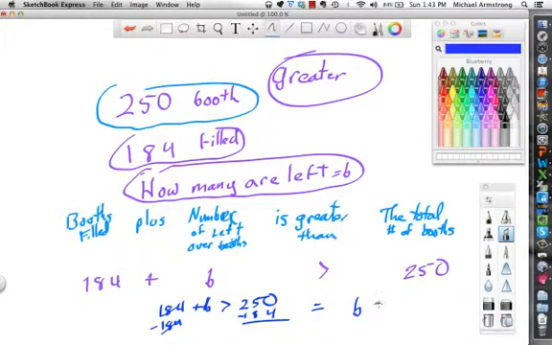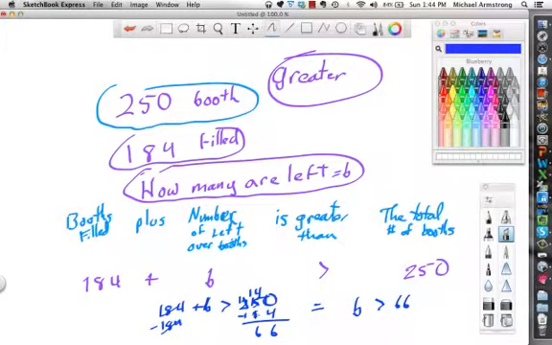So we have B is equal to, it's not equal to, it is greater than 250 minus 184. So that's, we have to carry that one, make this a 14. Okay, so 14 take away 8 is 6. And so it looks like 66. B is greater than 66.